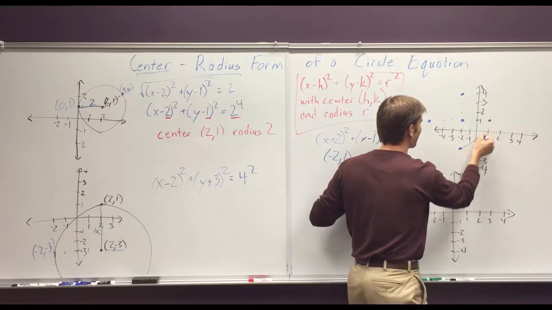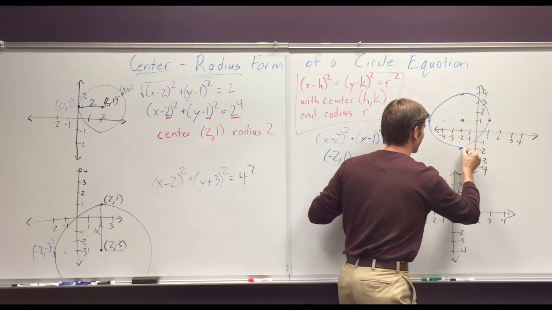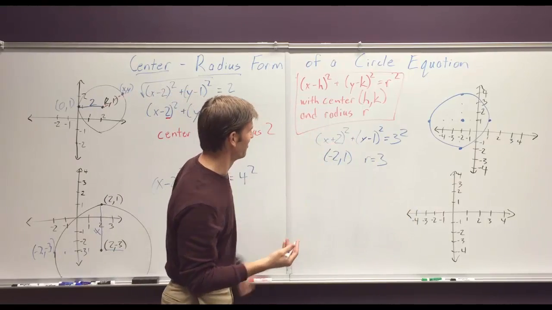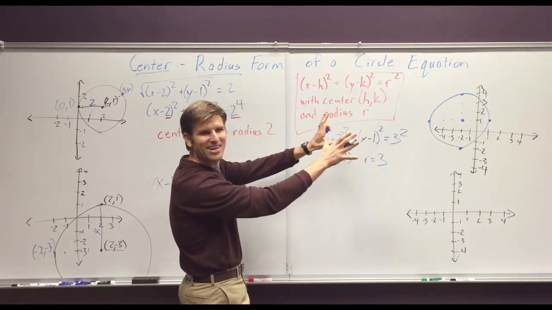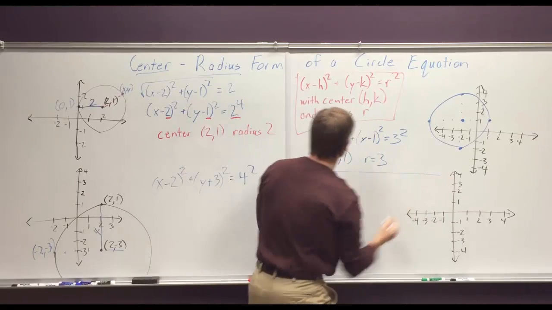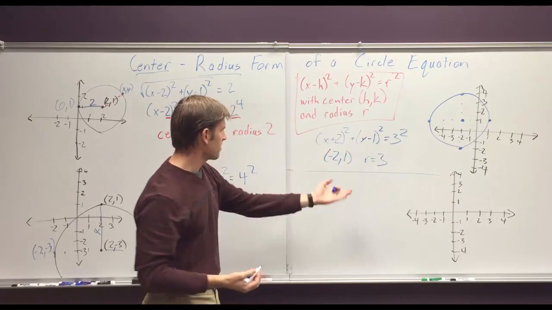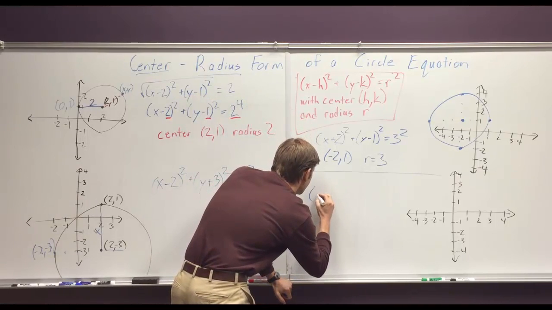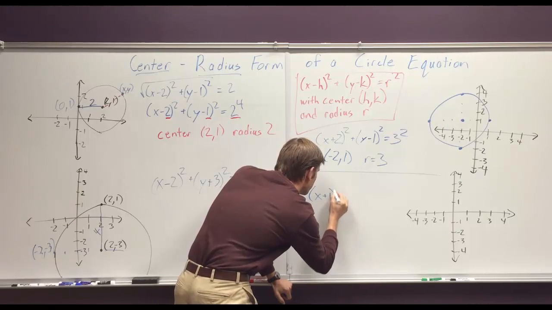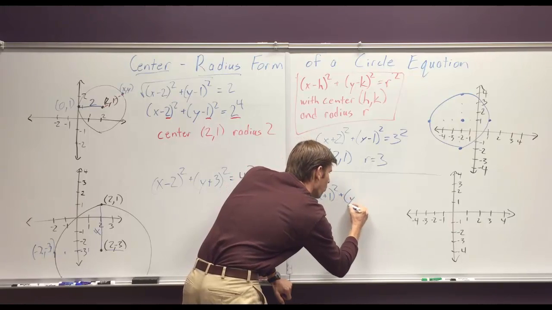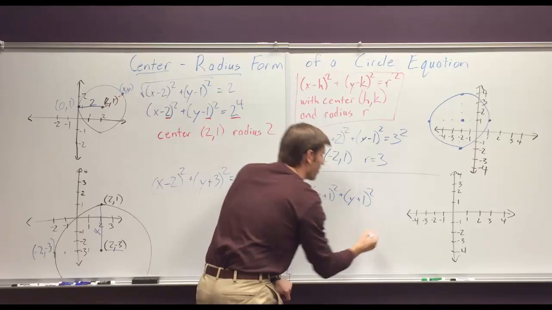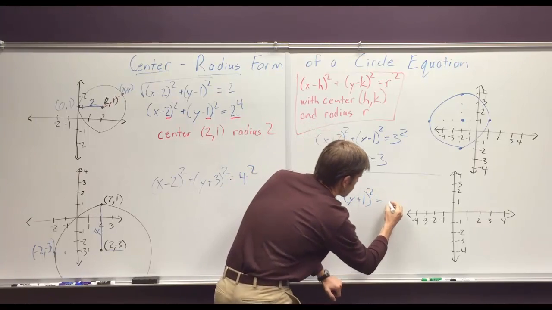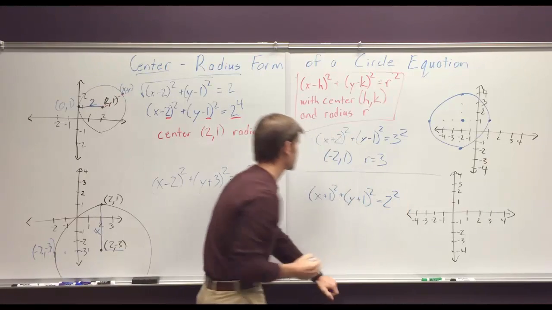And then we'd make our best shot at connecting the dots, and we would kind of be generous and pretend like I drew a circle. If everything was to scale, it would be perfectly a circle. And we could do the same thing down here. x plus 1 squared plus y plus 1 squared equals 2 squared.